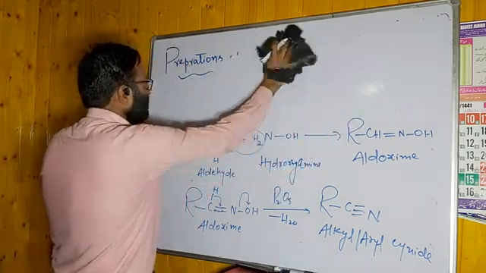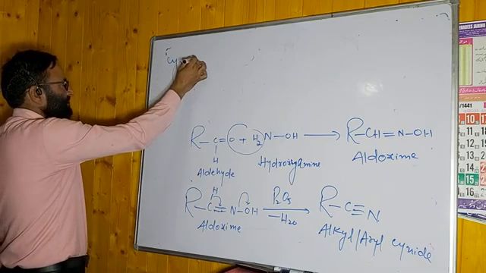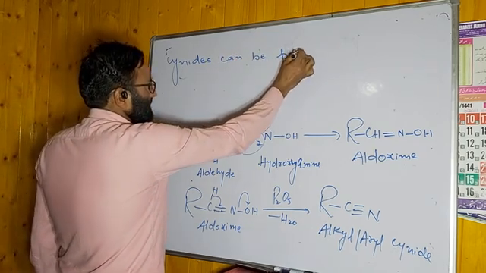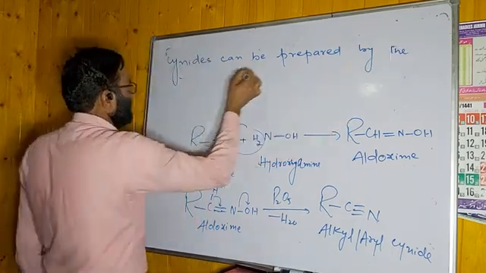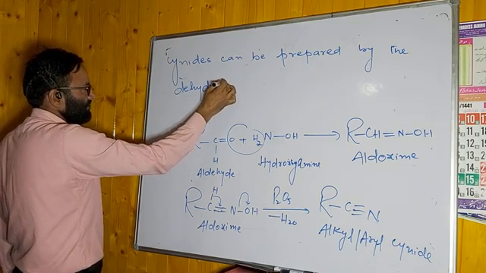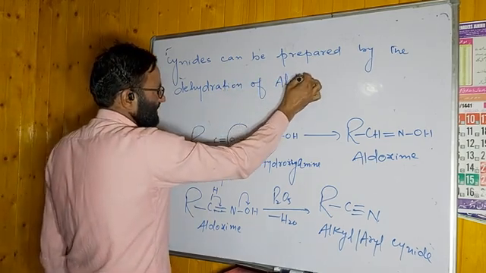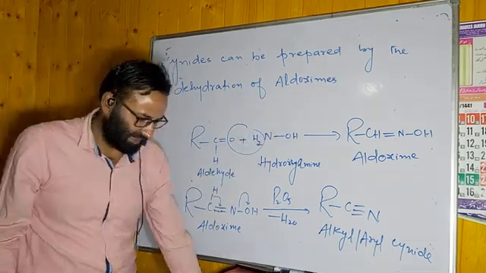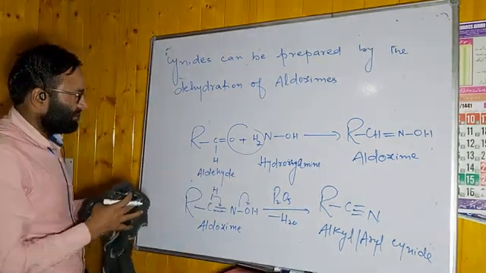Cyanides can be prepared by bringing the dehydration of aldoximes, and you have to use the well-known dehydrating agent, phosphorus pentoxide.